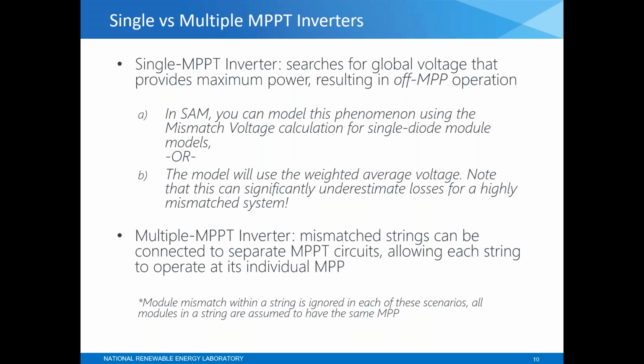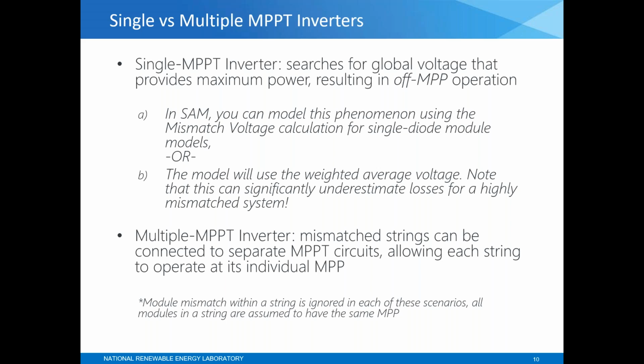Now that feature is only available for the single diode module models, which are the most commonly used in SAM, but there are a couple that aren't single diode models. And the reason for that is that in order for us to model off maximum power point operation of a module, we need to know what the entire IV curve looks like, which is available in a single diode model, but not available in every module model. And I'll explain that a little bit more when I do the demo.